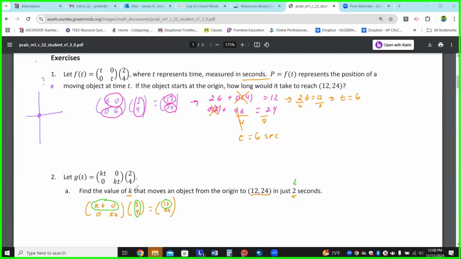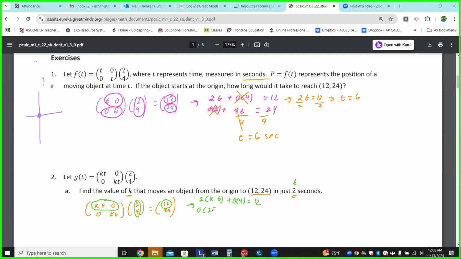So when I plug this in, I will get 2 times kt. Instead of kt, I'm going to go ahead and, well, I'll do that in the next step. We can put it all together. Plus 0, 4.